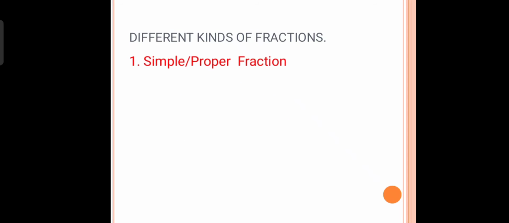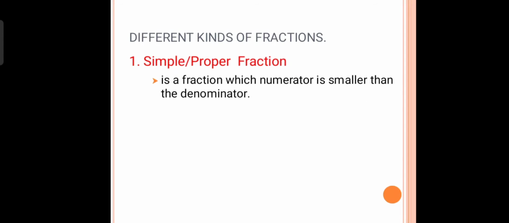Now, let us study the different kinds of fractions. What are the different kinds of fractions? We have here number 1, simple or proper fraction. What is a simple or proper fraction? It is a fraction whose numerator is smaller than the denominator.